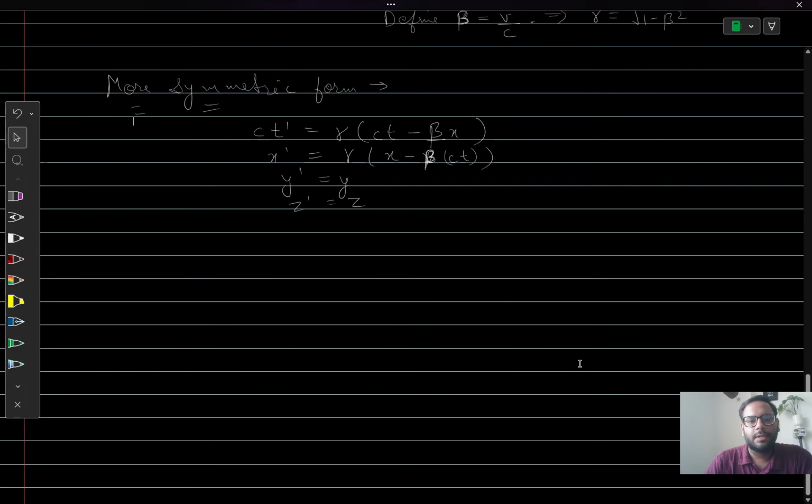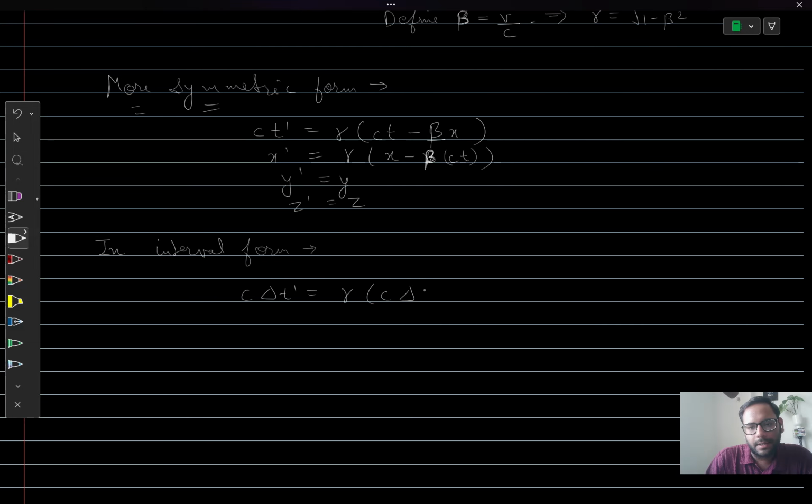Now you see one thing, in interval form you can write these equations as c delta t prime is equal to gamma times c delta t minus beta delta x.